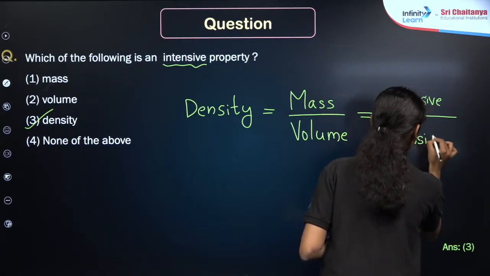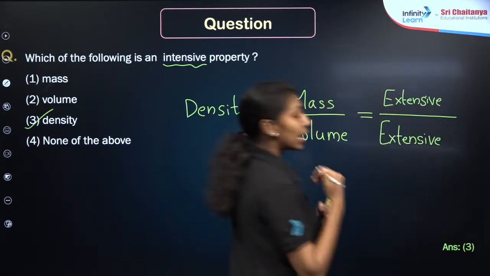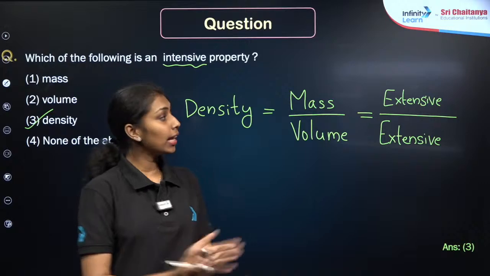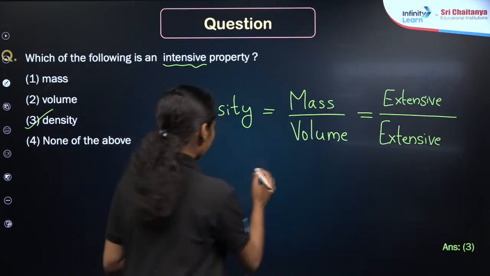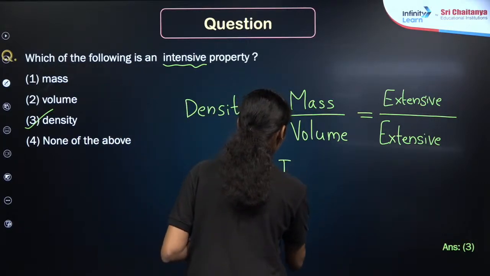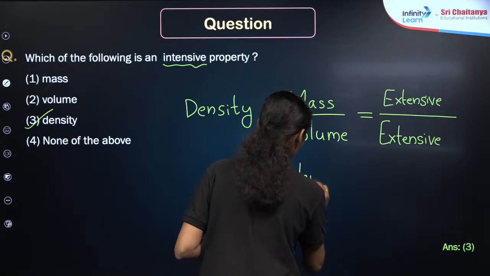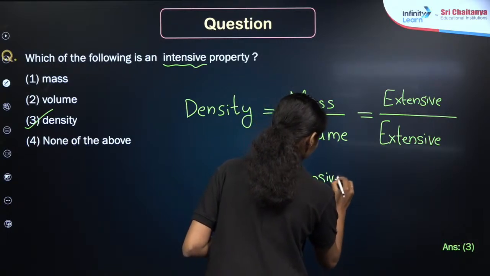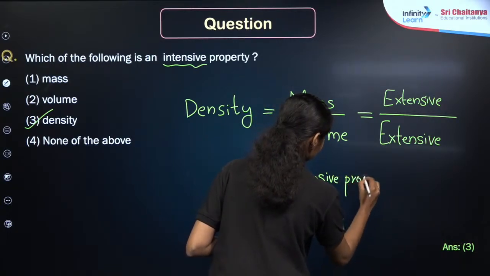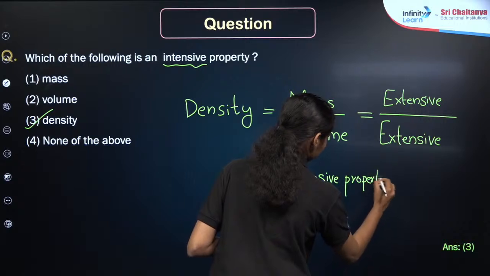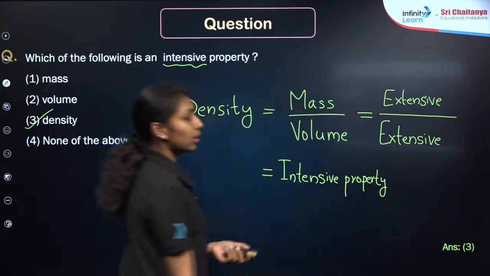So we can say that whenever we are dividing two extensive properties, the resulting term will be an intensive property, right?